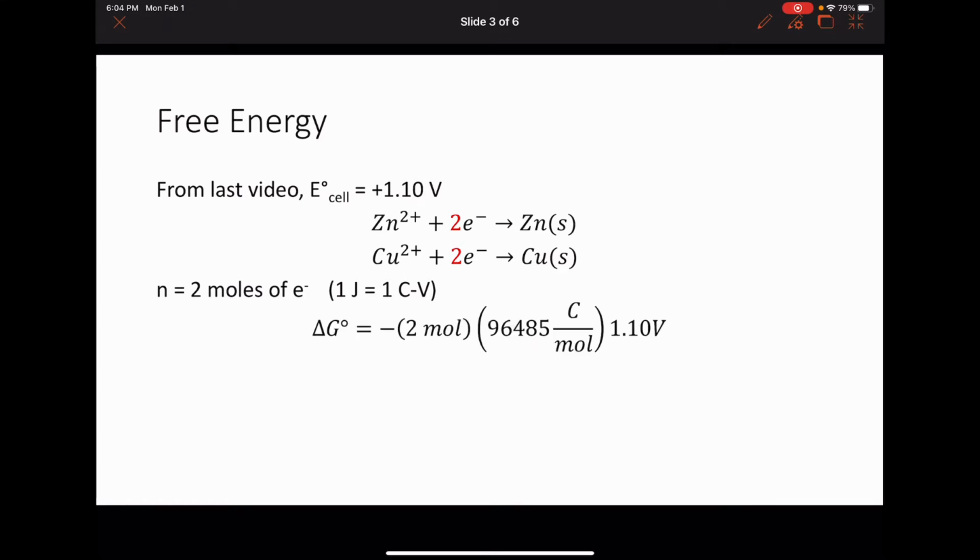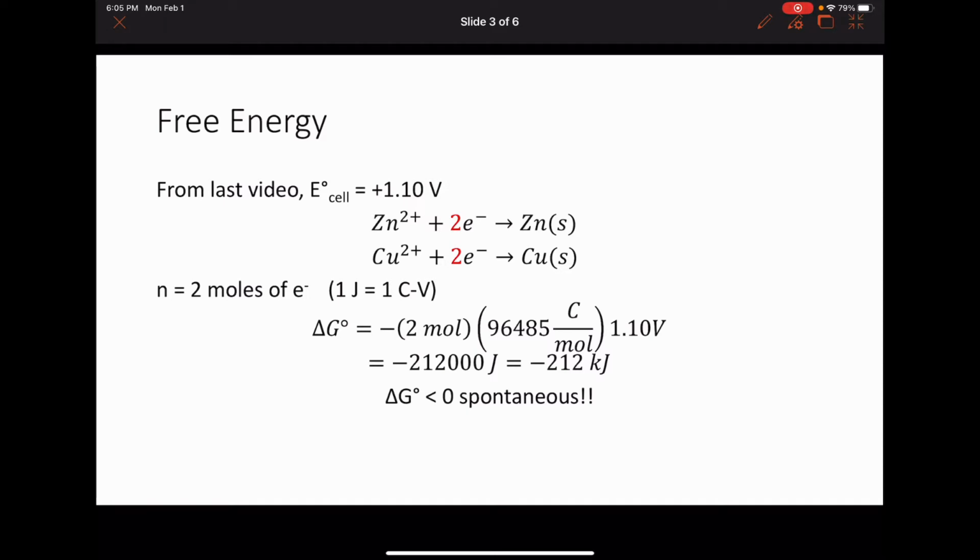So we plug these values into the equation: 2 times 96,485 times 1.1 volts, and we end up with negative 212 kilojoules, which is definitely less than 0 and shows that this galvanic cell reaction is spontaneous, which matches with our E cell prediction.